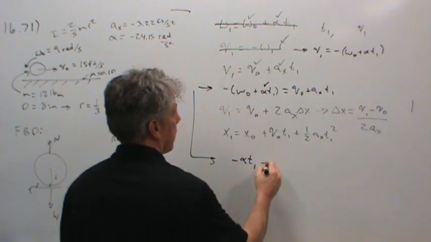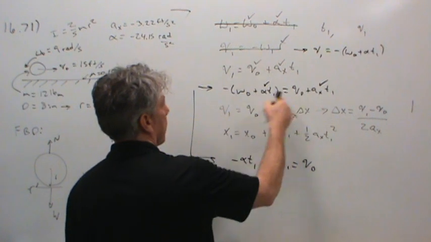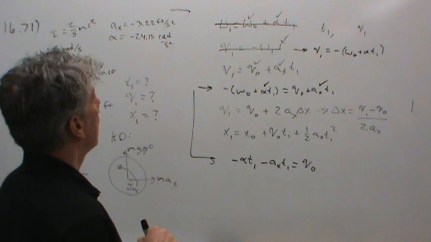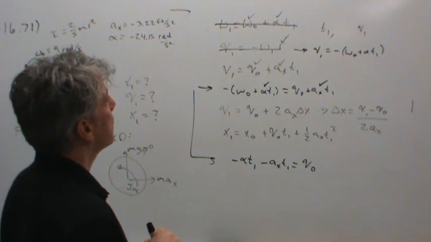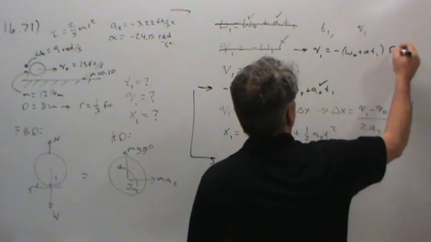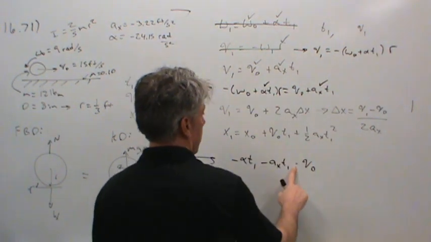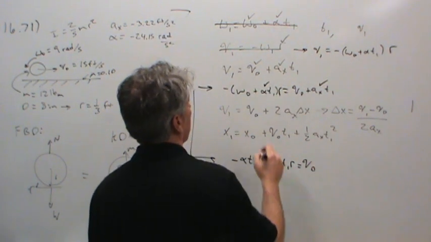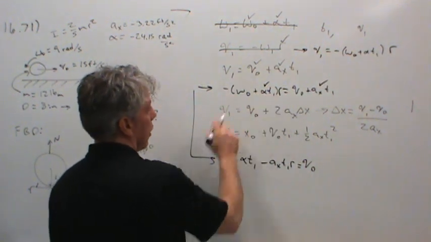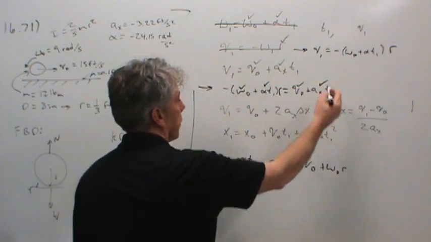Move this to the other side, minus AX T1 equals, on the right-hand side, we'd be left with V naught. We'd have to move the omega naught to the other side, and I feel like I've got a mistake. Oh, I forgot an R. I forgot an R right there along the way. So I need an R here, which means we'd have an R there. Alpha T1 R, yeah, and then we need omega naught R, so plus omega naught R, because if I move omega naught to the other side, it'll become positive.